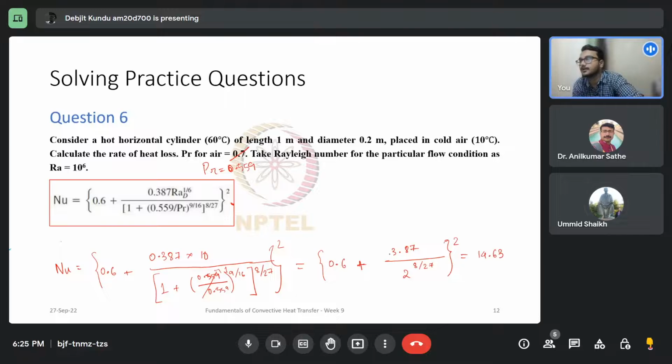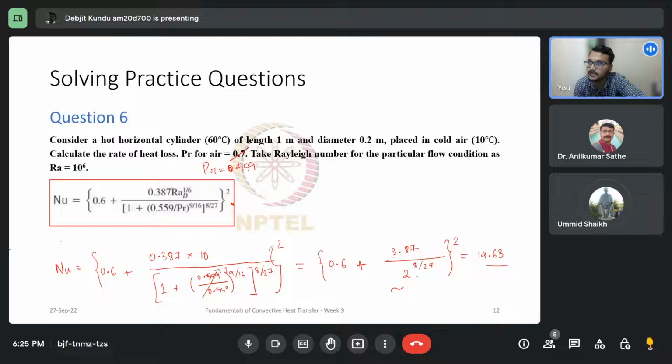This value of 2 to the power 8 by 27, how much is it? Roughly, give me a rough value. 14.1 I'm getting. This 14 point something is the Nusselt number.